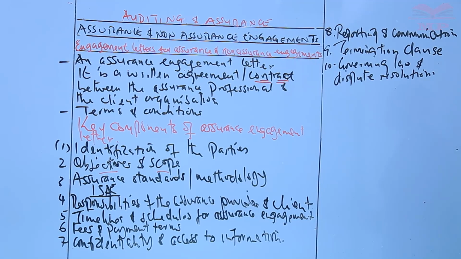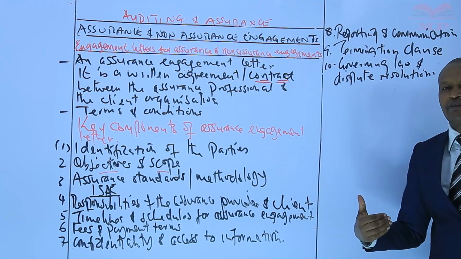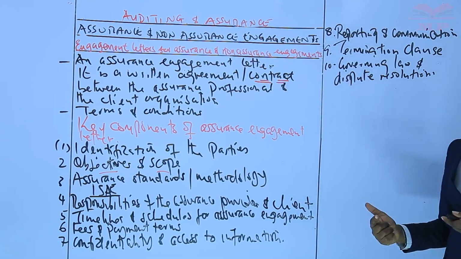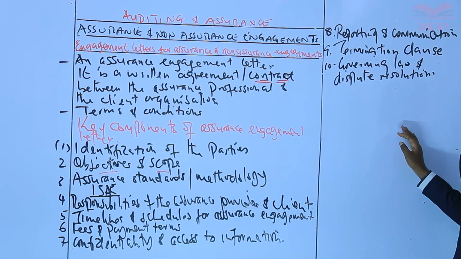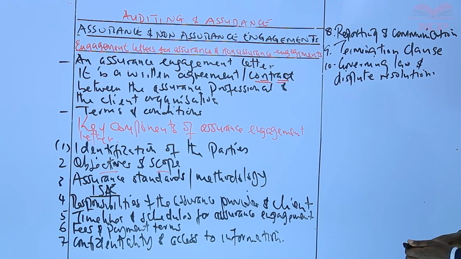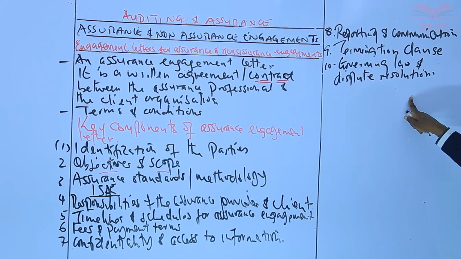The engagement letter also identifies the governing law that will apply to the agreement and includes provisions for dispute resolution, such as mediation, such as arbitration, in case of conflicts or disagreements. This is an important element of an assurance engagement letter. So we have discussed the key components of an assurance engagement letter.